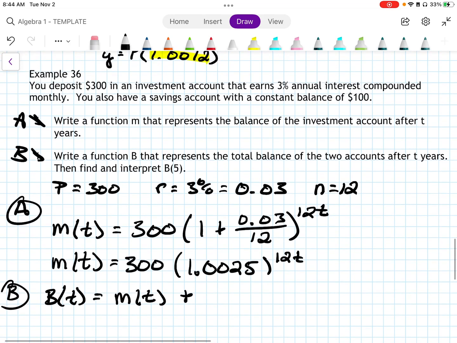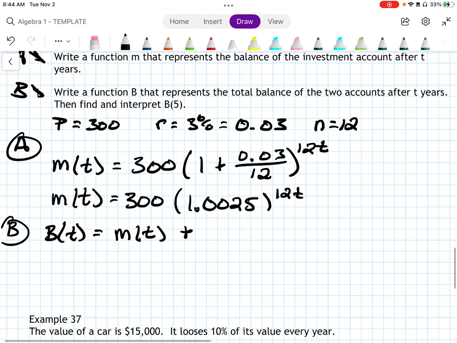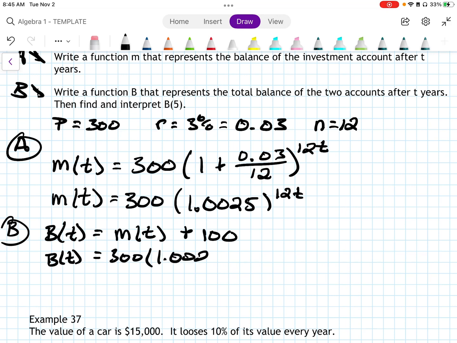The other account is at a constant balance of $100. Rewriting this to be a little bit nicer, I'm going to plug in for M of T, this is 300, parenthesis 1.0025 to the 12T plus 100. So there's my formula B of T.